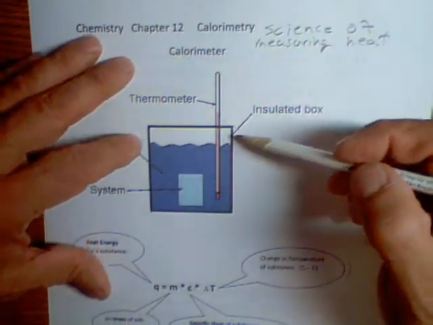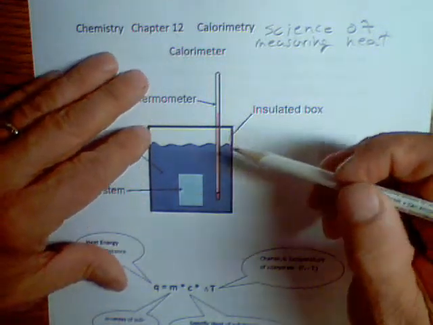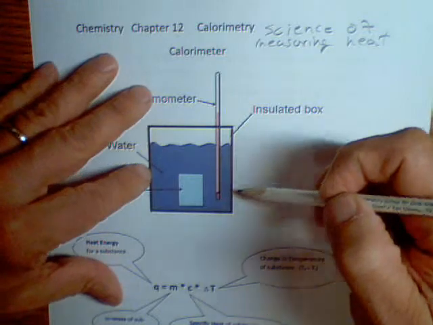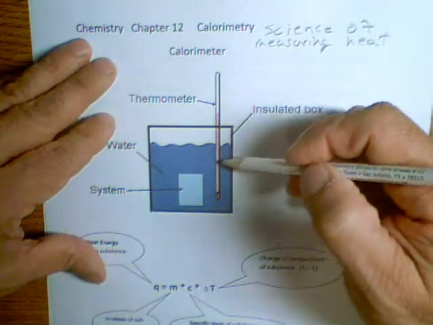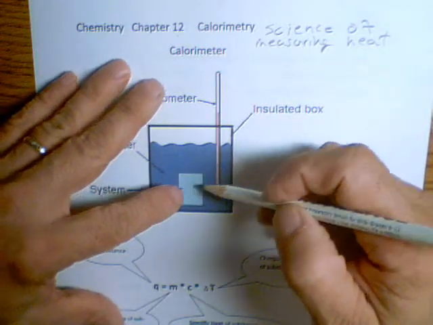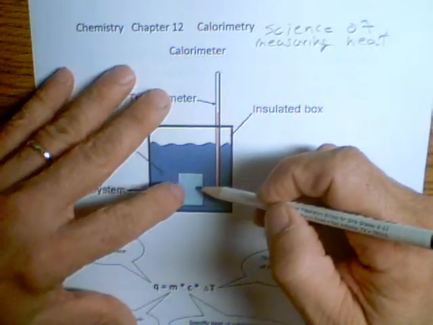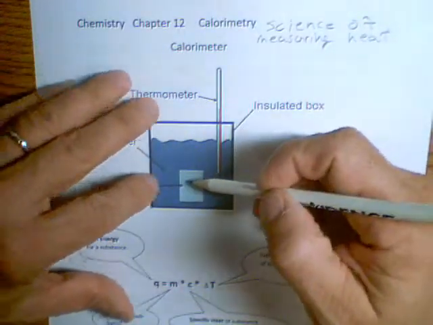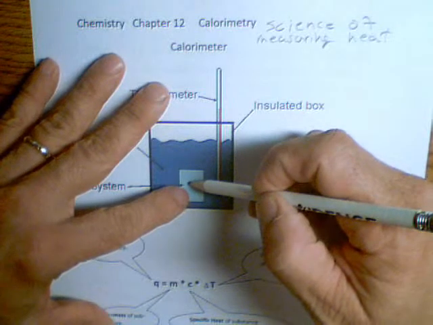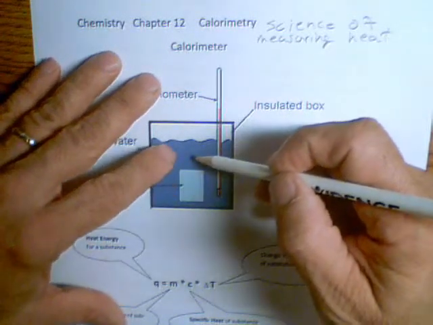Now, the calorimeter, if you remember from class, is a coffee cup calorimeter, which is just a styrofoam cup, and it contained some water and a thermometer. Then we put in a heated substance, some heated metal, and the heat energy from the metal was transferred to the water.